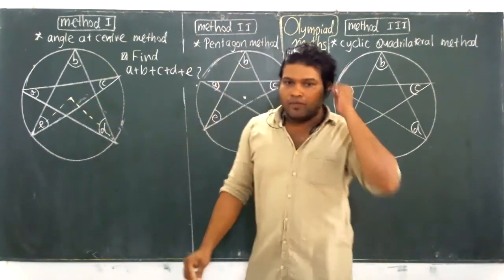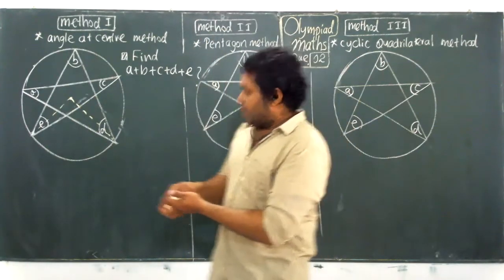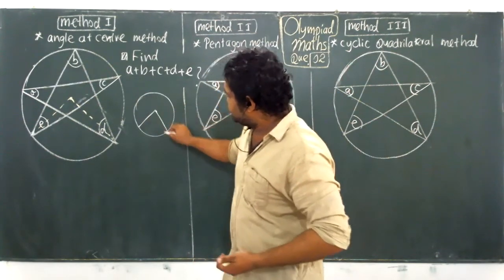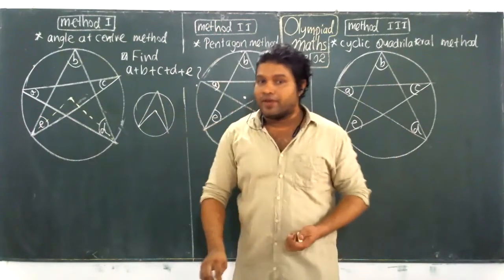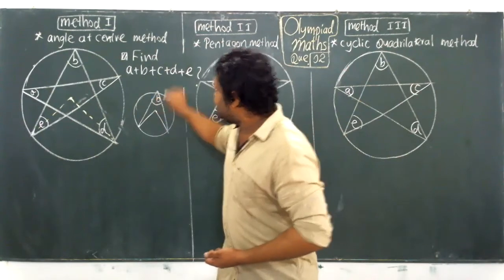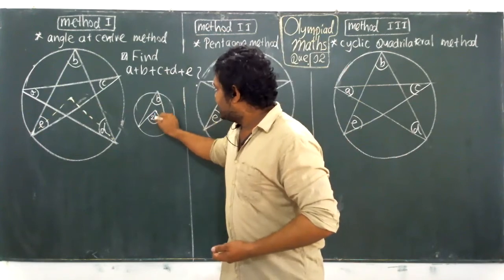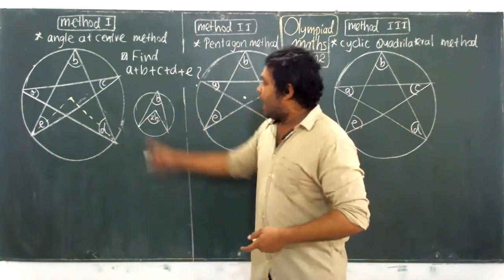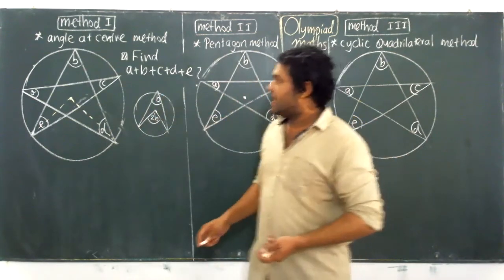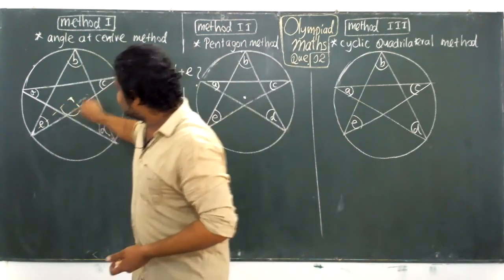This is a theorem that you should always remember. As grade 10 level knowledge, if this angle is B, this will be 2B. The angle at the center is twice the angle at the circumference. Therefore, if there is B, I can write this angle as 2B.